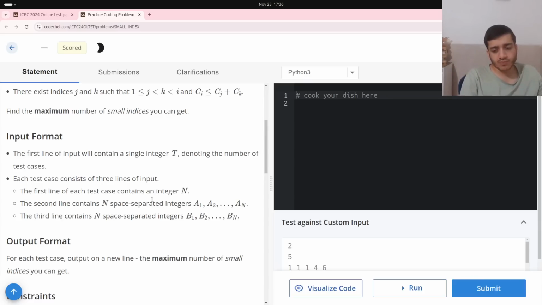If both of them are less than level, again choose the maximum one, right?